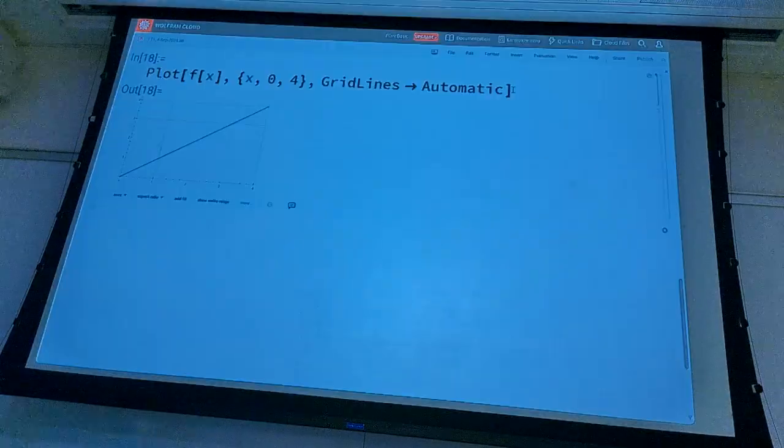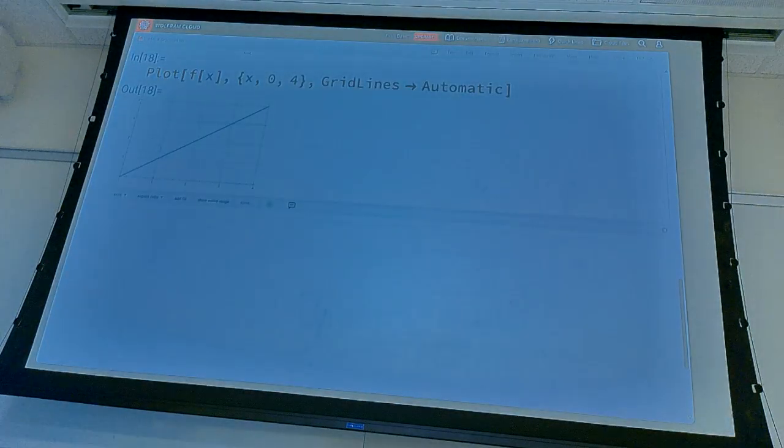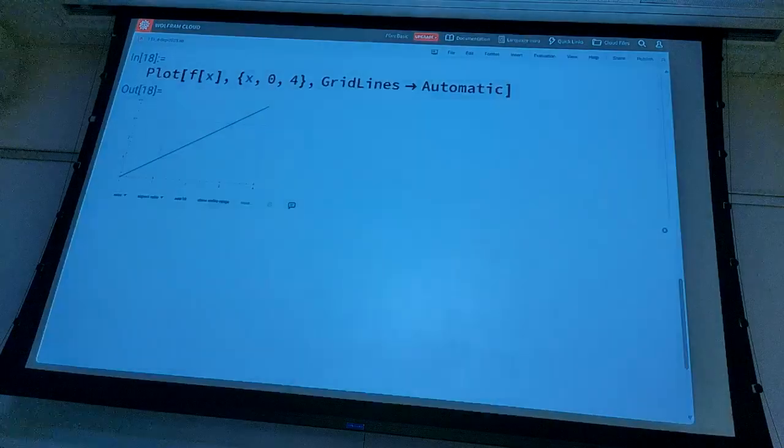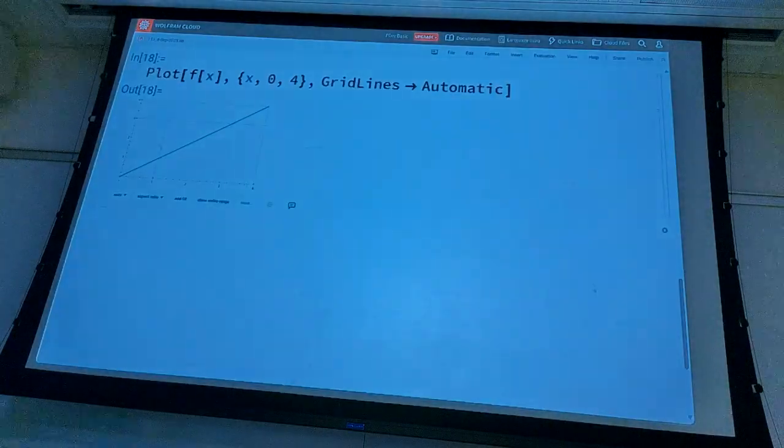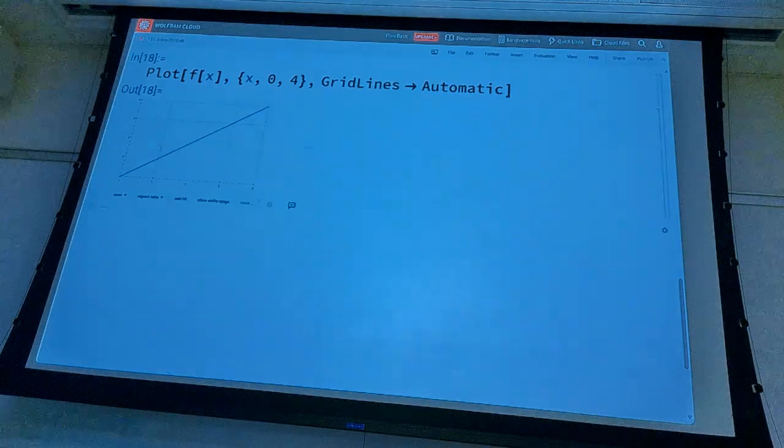We'll make do. Because I can just do this. That's what I want. Picture. Yes.